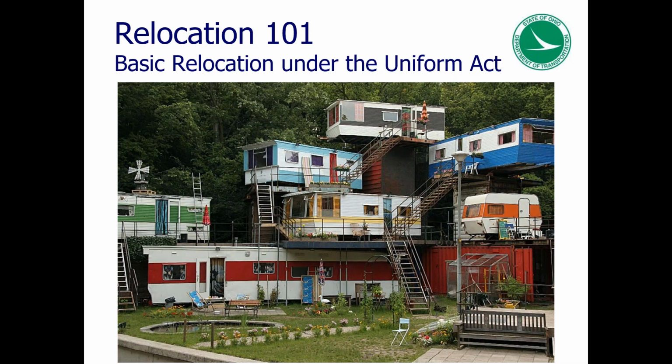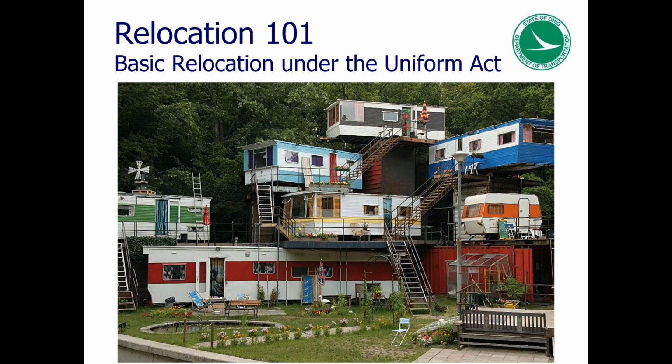The goals for Relocation 101 are to develop a deeper appreciation for the law and its sensitivity and its fairness towards the displaced persons. This course will explain the principles of the Uniform Act and implementing regulations.